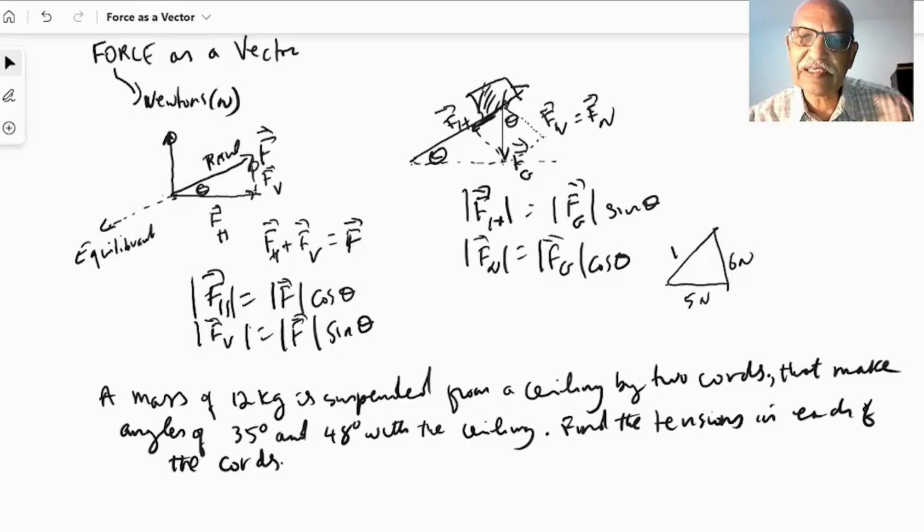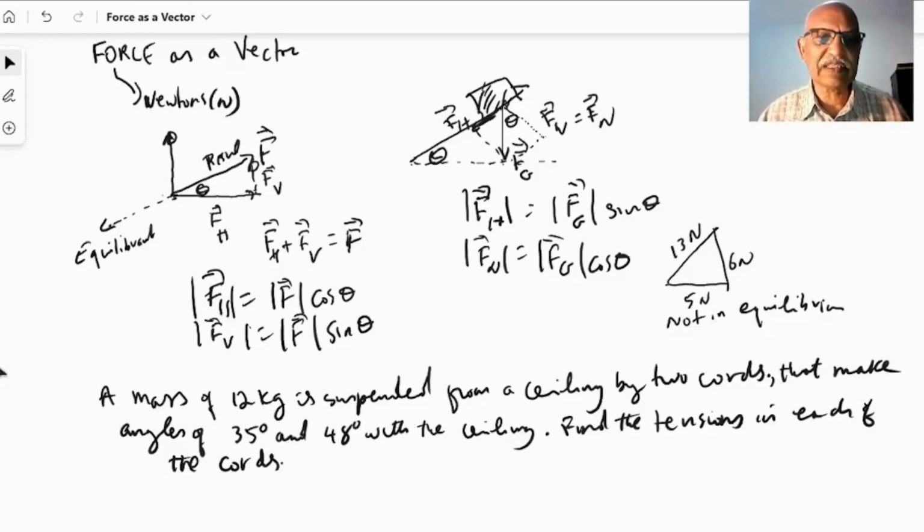So if this is 13, let's say, this is not in equilibrium. Not in equilibrium, because the longest side of a triangle cannot be more than the sum of the two smaller sides. Okay, so let's see an example of this.